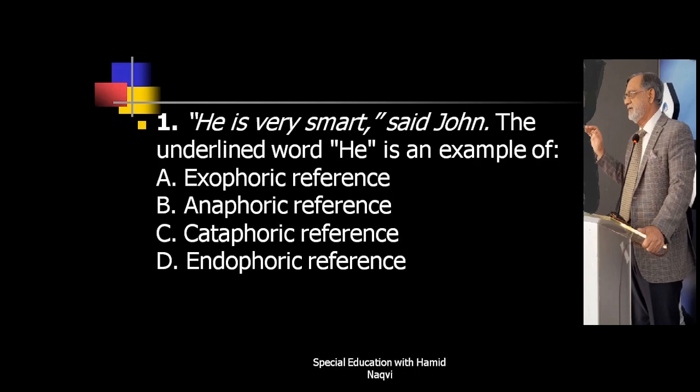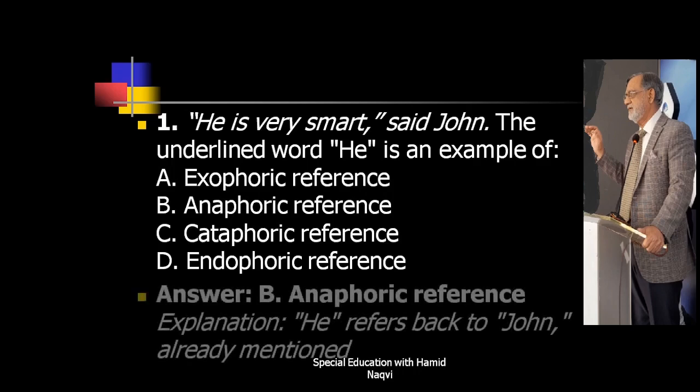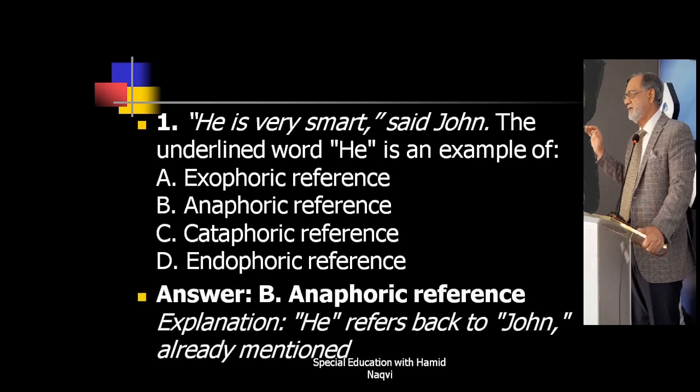What is he? Is it exophoric, anaphoric, cataphoric, or endophoric reference? The answer is it is anaphoric reference, and the explanation for this is that he refers back to John, already mentioned.